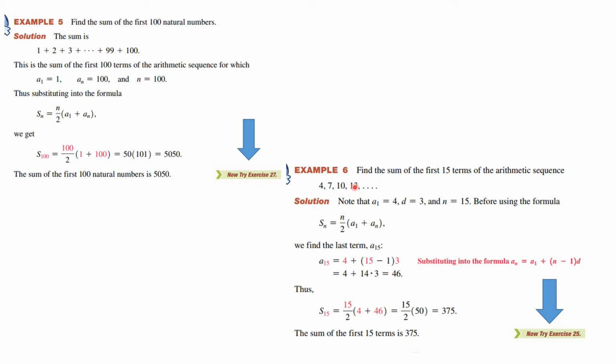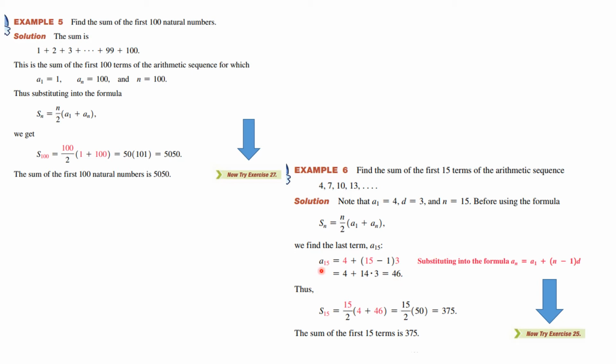Here's another, perhaps more complicated example. Find the sum of the first 15 terms of the arithmetic sequence 4, 7, 10, and 13. Now here we can note that the first term is 4, the difference is 3, and n is 15, and so the thing that we don't know now is Sn. We'll plug in all the numbers, and we get 46 is what A15 is.